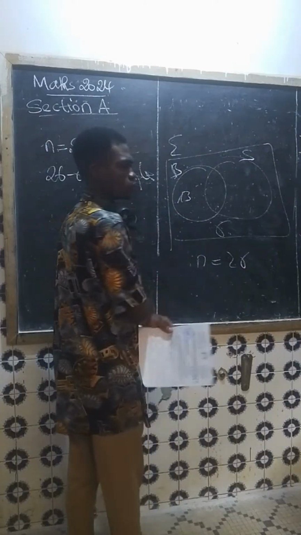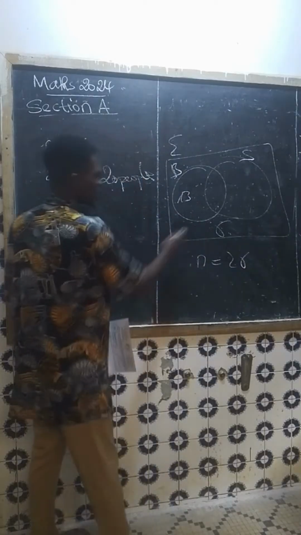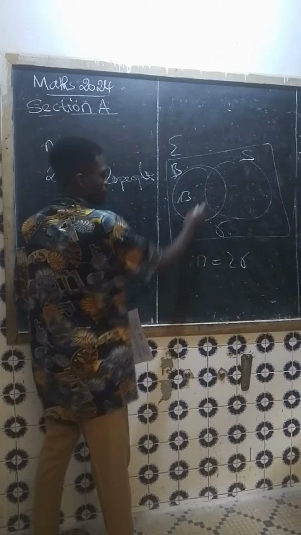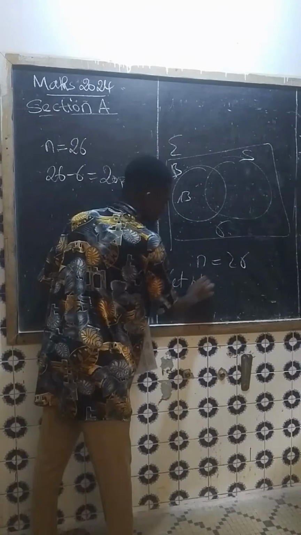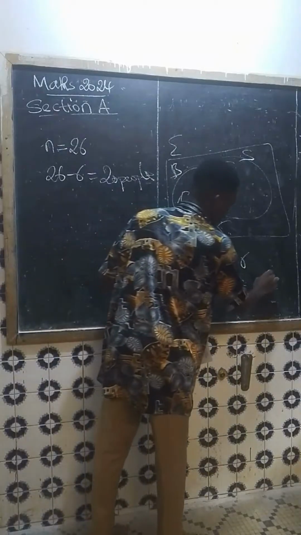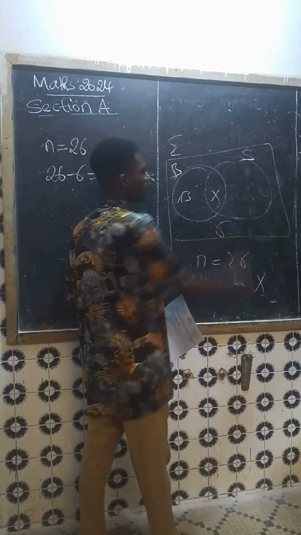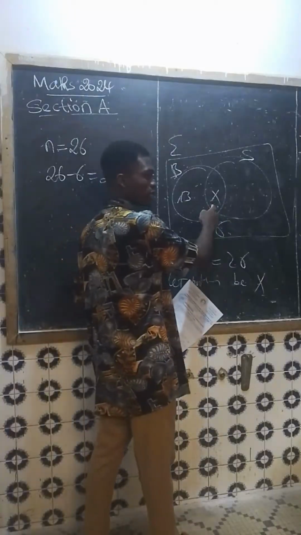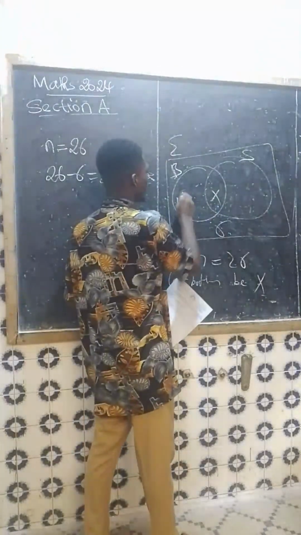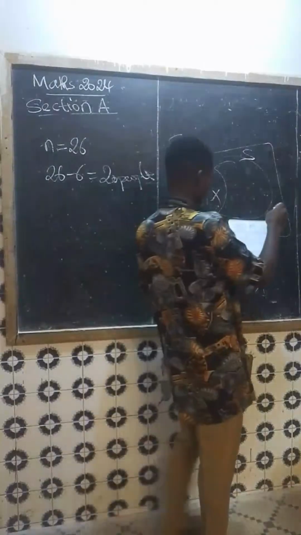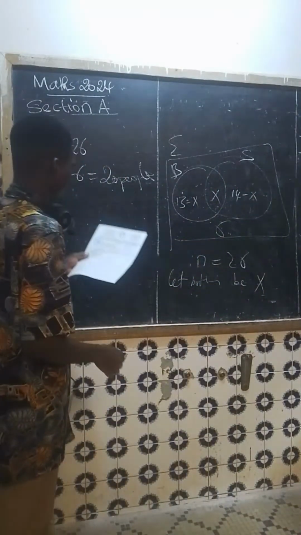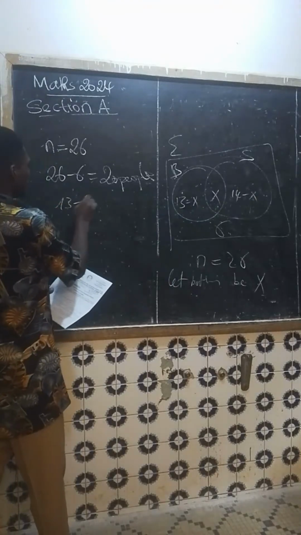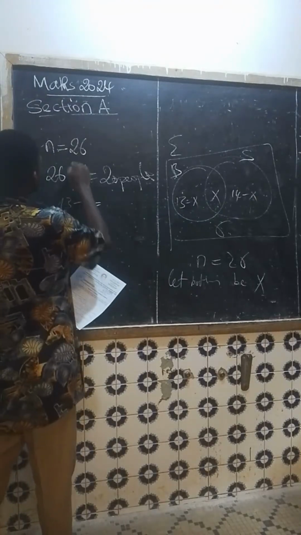The answer is no. So, first thing, I have to start filling it from here. So I'll let both brothers and sisters be x. So I'll put x here, and the x I'm looking for. So this will be 13 minus x. This is 14 minus x, right?